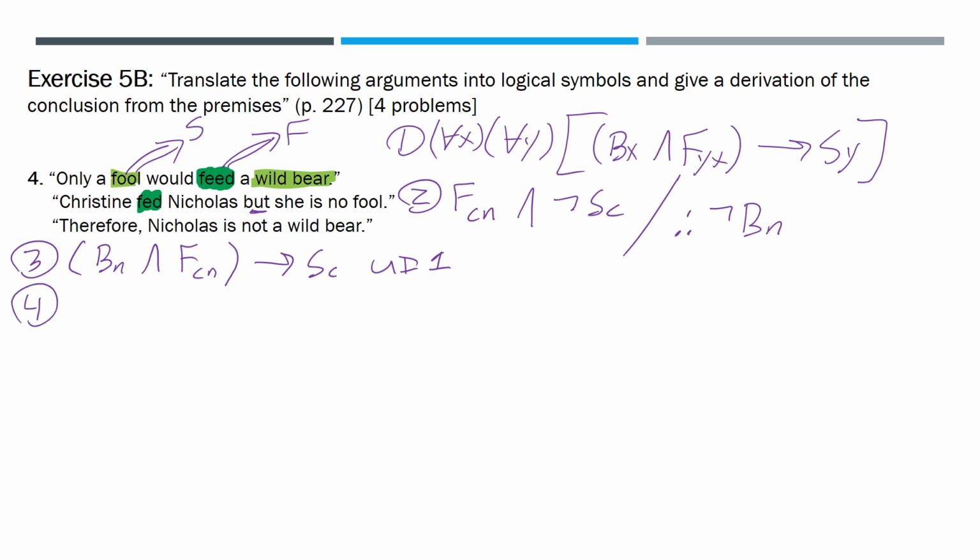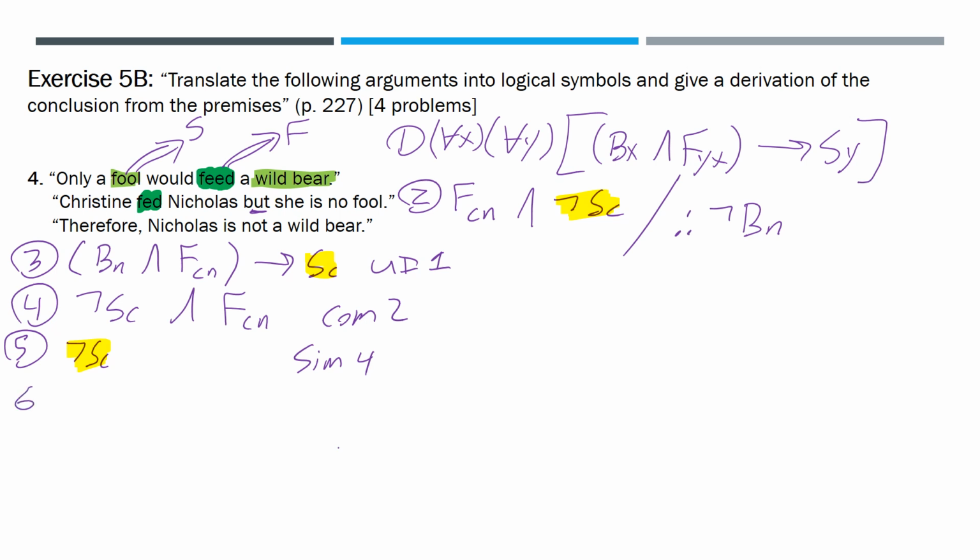Let's deal with line 2, where eventually we can get this not SC. So we'll say not SC and FCN by the commutative rule, line 2. And then for 5, we can get not SC by itself by the simplification of 4. Not SC denies this consequent.